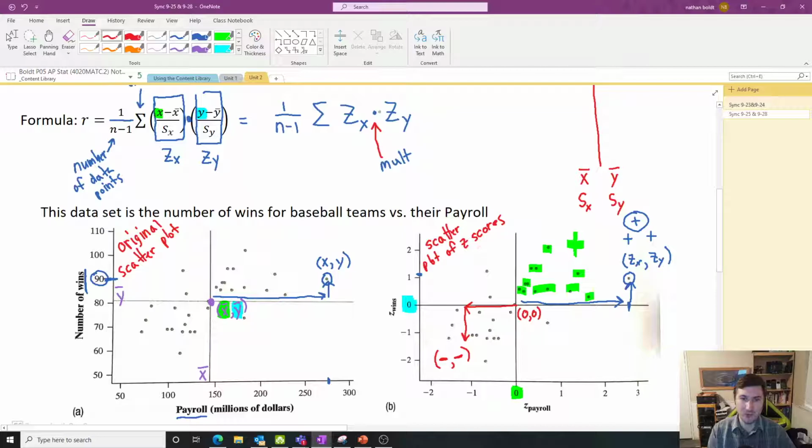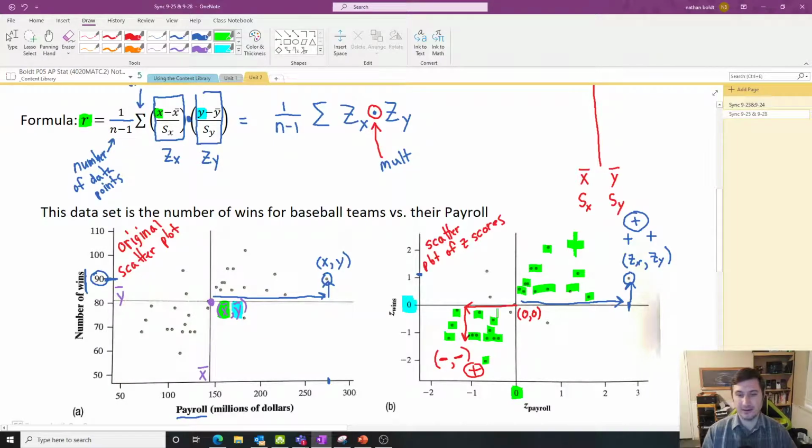But remember, we're multiplying those two together, so a negative times a negative will actually yield another positive result. So all of these points down here are also positive numbers in my calculation for R.